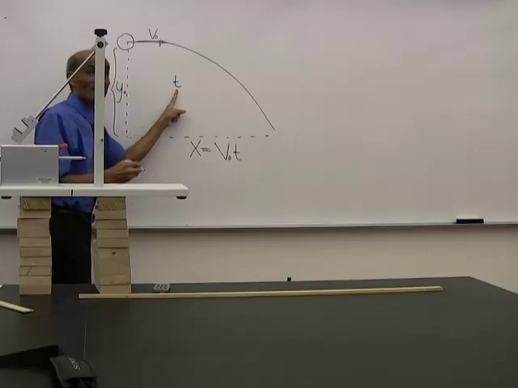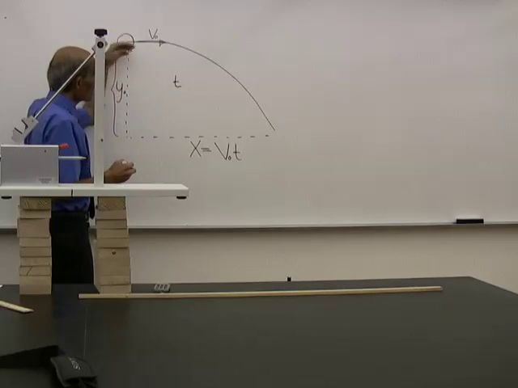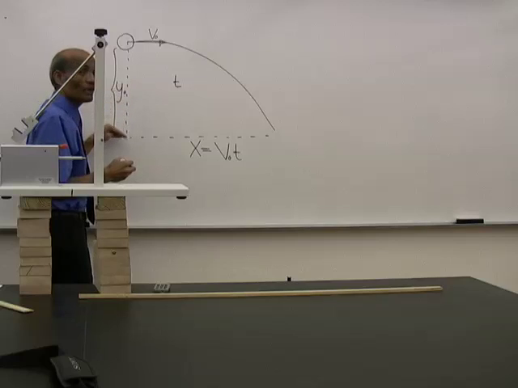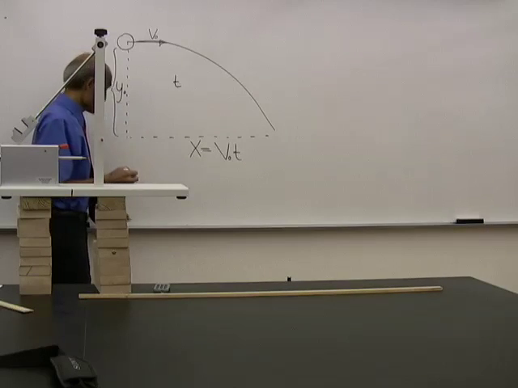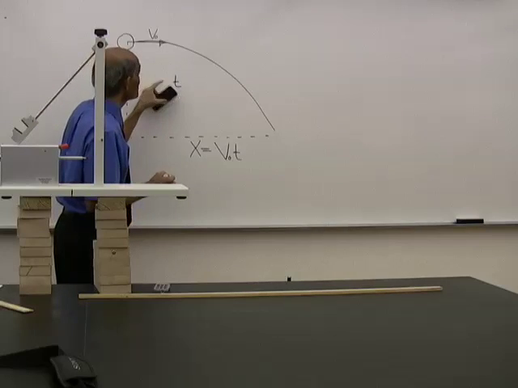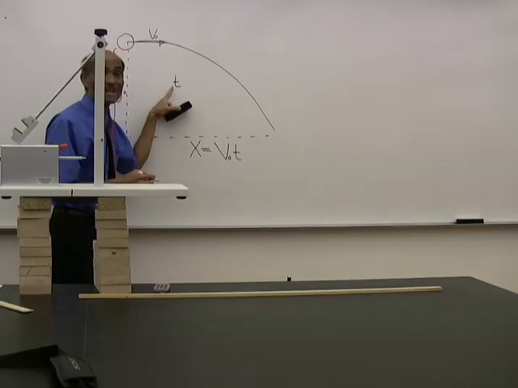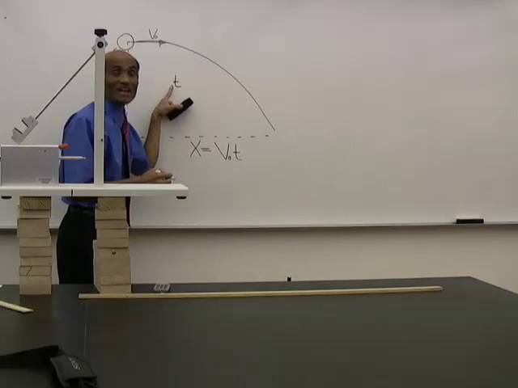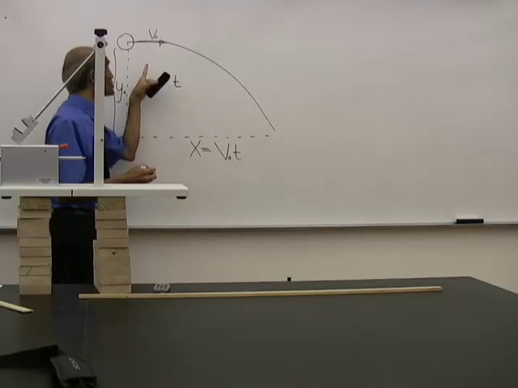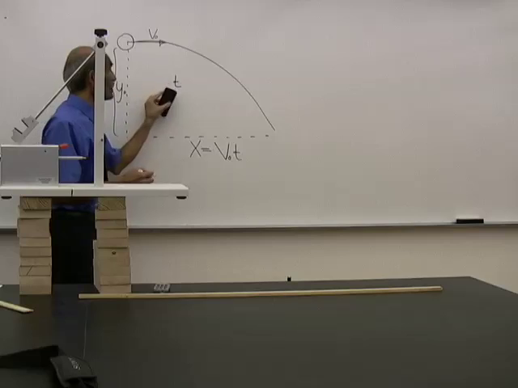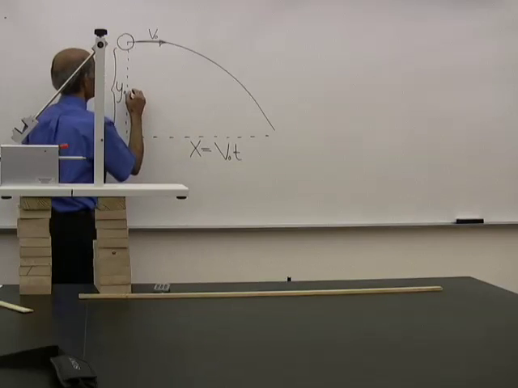And during that same time t, the ball is also falling vertically through a height Y0. Can you tell me what that Y0 equal to in terms of this t and the acceleration due to gravity? Of course, the initial vertical velocity of the projectile is 0.